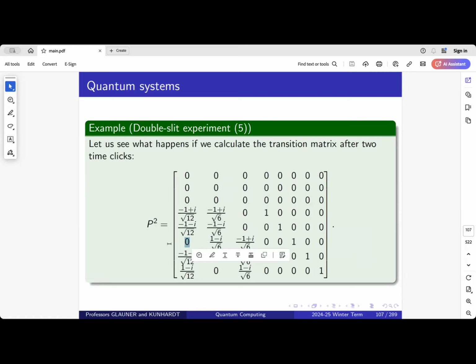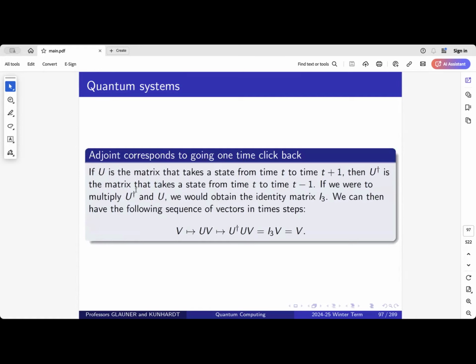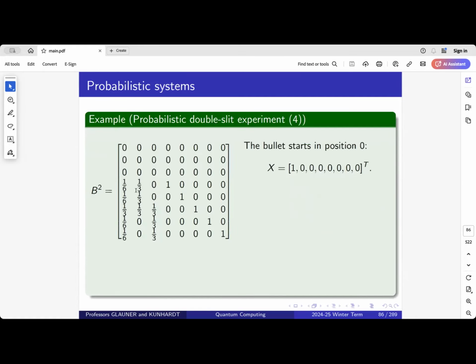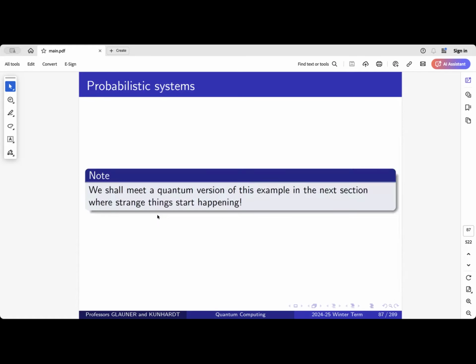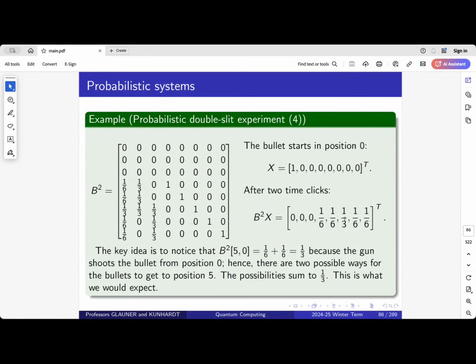And it looks very different to the probabilistic one, because if I just go back a few slides when we did the probabilistic experiment, we saw that we had this outcome here, where we saw if we multiply b squared with x, we have an increased probability, which is this 1/3. And it has to do with this row.